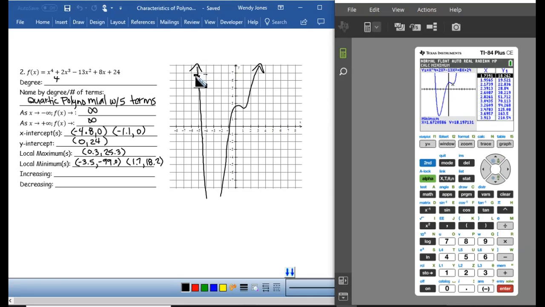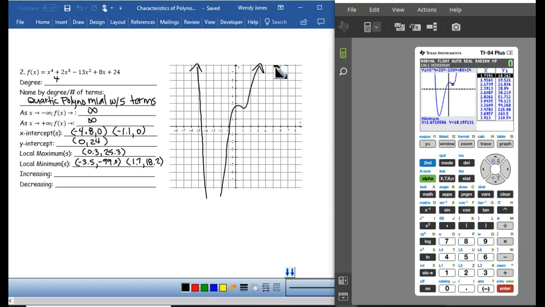So in this section, we are definitely decreasing all the way until we get to this minimum. At that point, we are then increasing until we get to this maximum, decreasing until this minimum, and then increasing again. So this particular graph has 2 intervals of increase and 2 intervals of decrease.